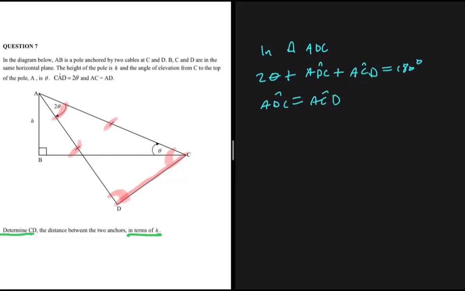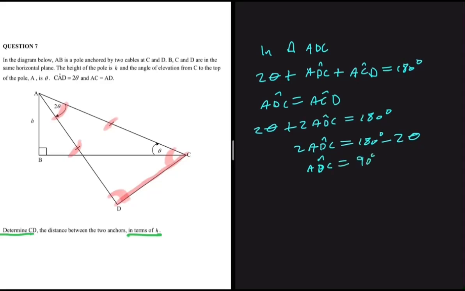So now we're going to have 2 theta plus 2 ADC being equal to 180 degrees. So now we have 2 ADC being equal to 180 degrees minus 2 theta. So if you divide both sides by 2, you get ADC is equal to 90 degrees minus theta.